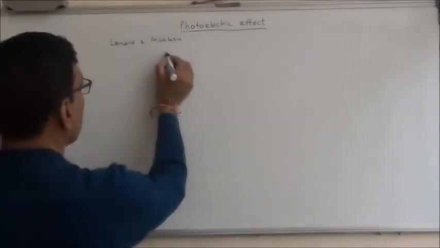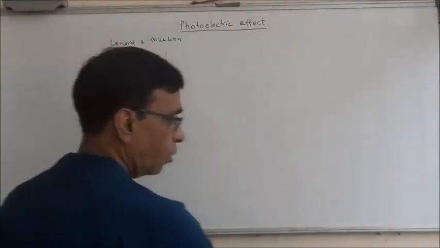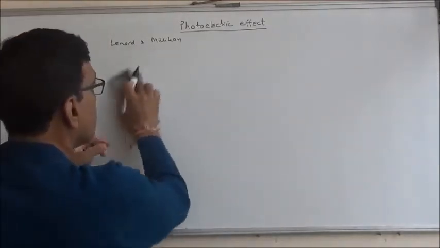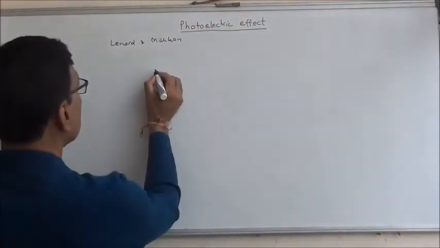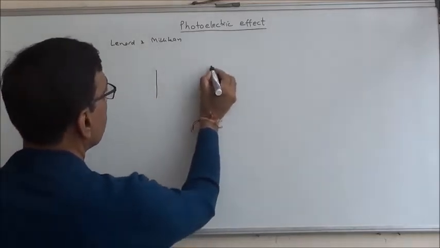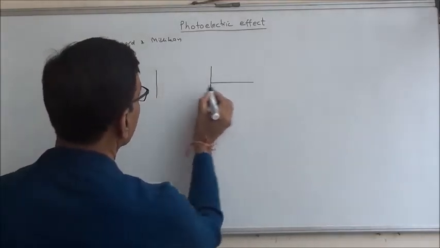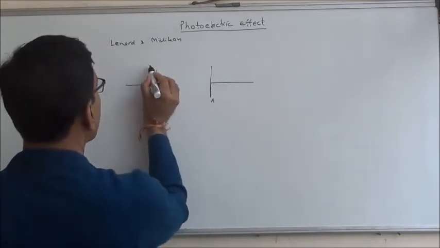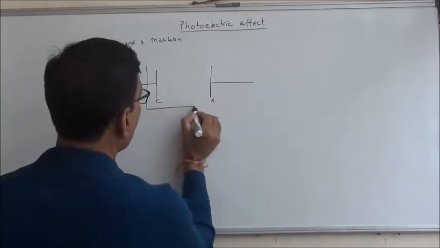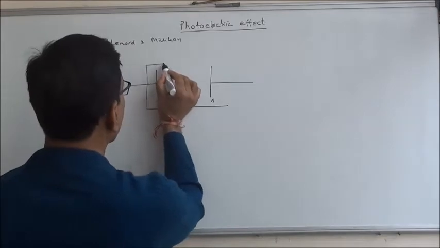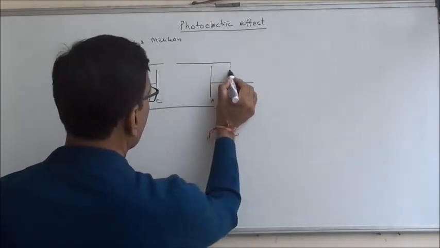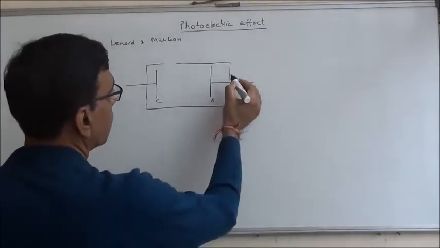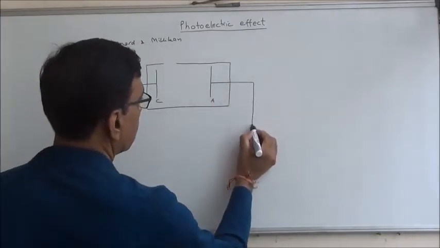And I am giving you the experimental setup which was used to observe the effect. These are the two metal plates enclosed in a chamber, an evacuated chamber made of quartz.